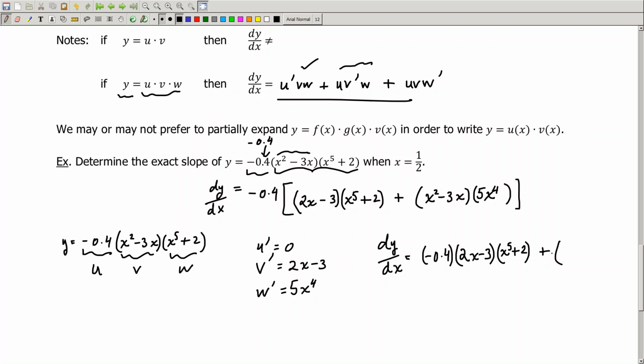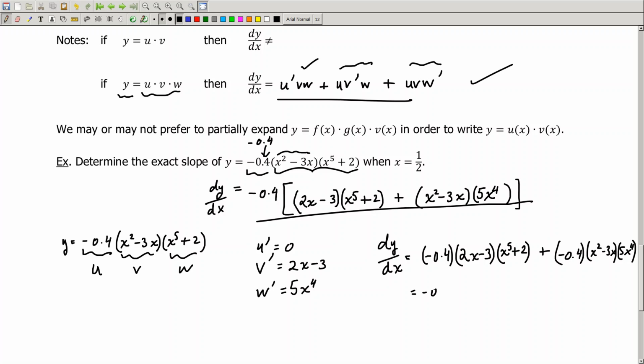Add on, and I go u, v, w prime. u is negative 0.4, v is equal to x squared minus 3x, and w prime is 5x to the 4. And that's where I got this from. It's just basically applying this rule.